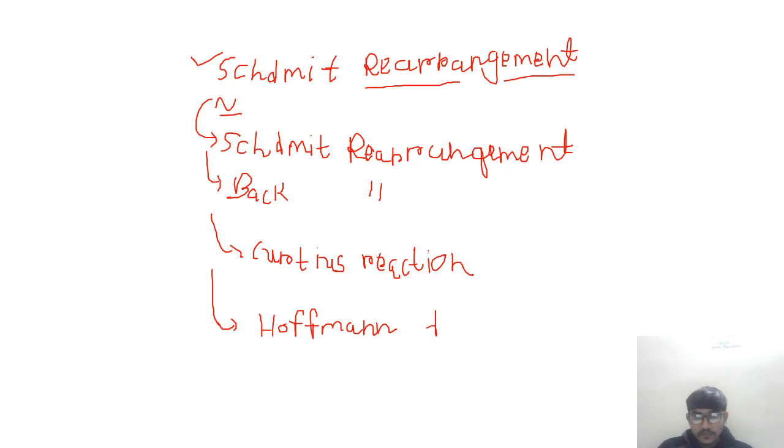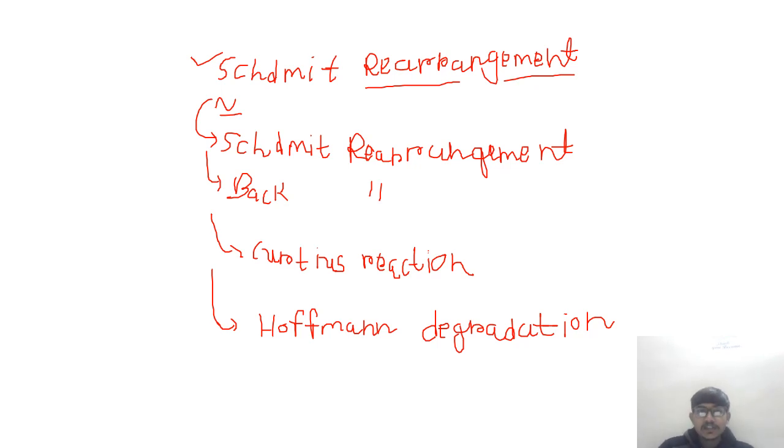In case of Hoffman degradation, it involves the amide group converted into the amine.